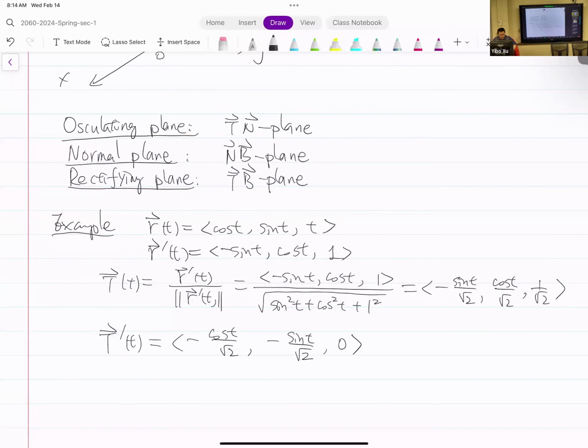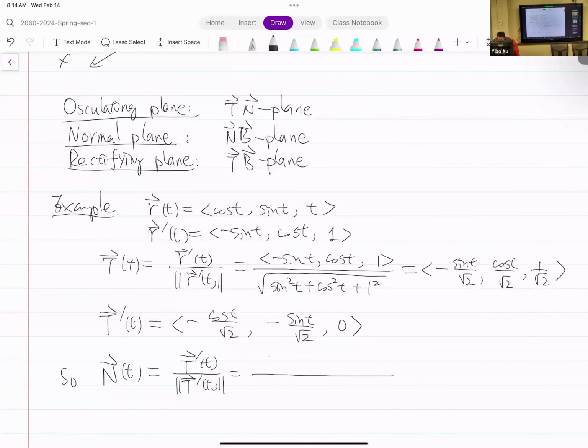But of course, we can do this really systematically. N is going to be T prime over its magnitude. Negative cosine t, negative sine t, over square root 2. And okay, for the magnitude of this, we just sum the squares of the components.